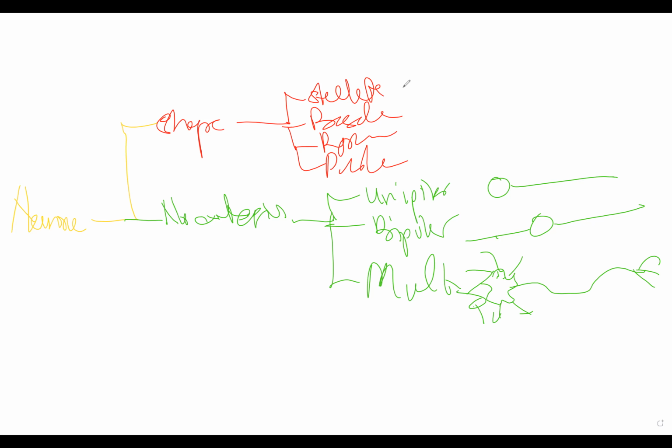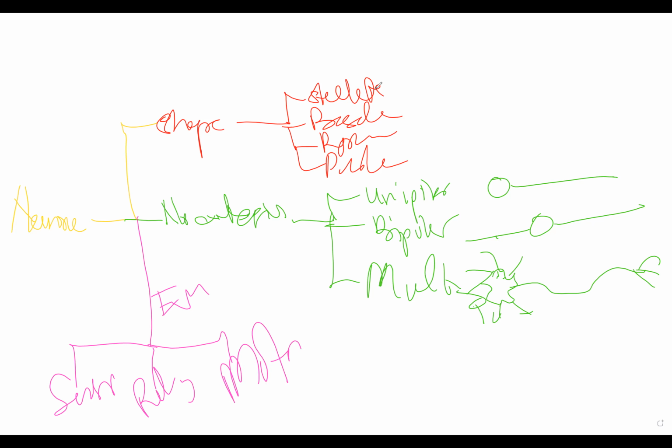So that is based on the number of extensions. We can also classify these same neurons based on their function. Based on their function, we can call them sensory neurons, relay neurons, and motor neurons.